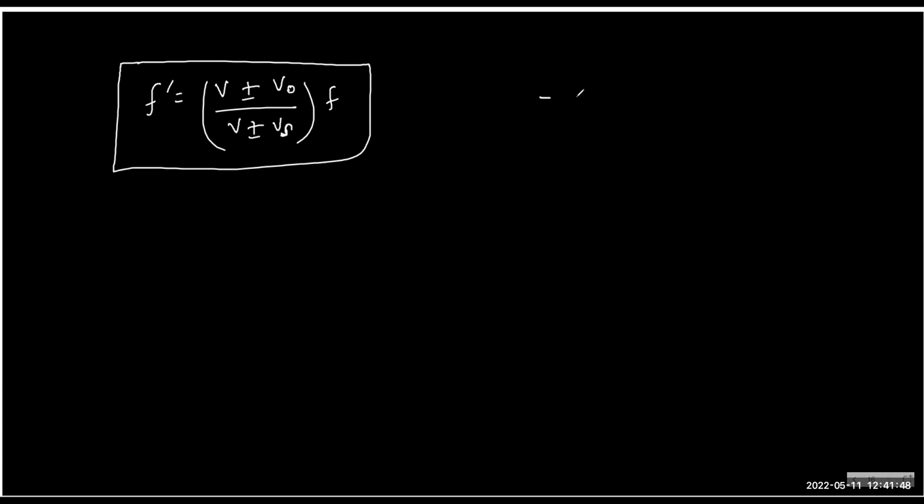Let's say, in this case, should the frequency be high or low? If they approach, the frequency should be maximum, isn't it? Yes, sir. So should the numerator be plus or minus, to maximize the frequency?